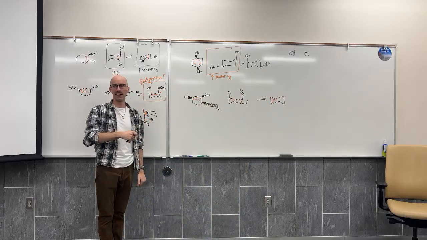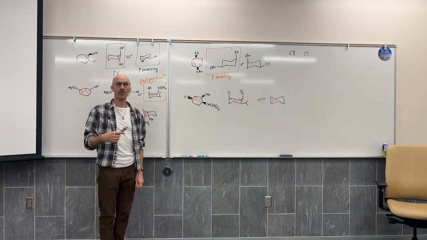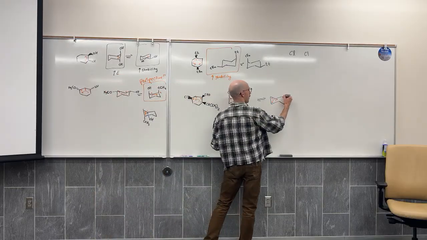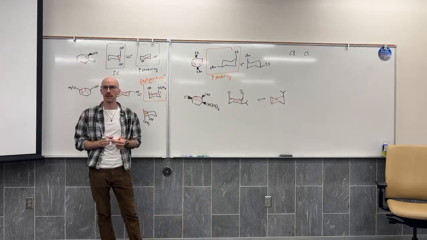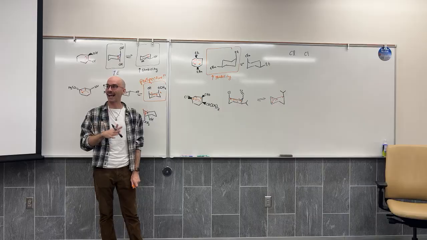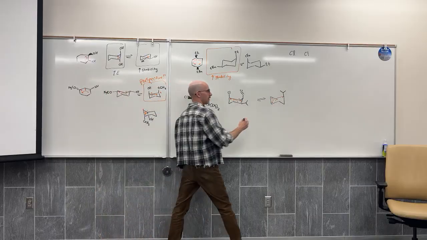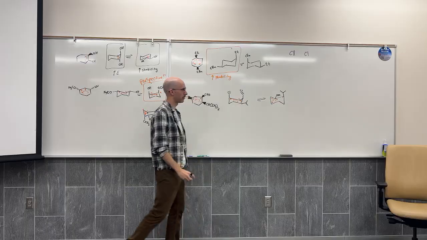Carbon 1 had an up equatorial isopropyl. Carbon 1 now has an up axial isopropyl. Carbon 2 had an up axial aldehyde. Carbon 2 now has an up equatorial aldehyde.